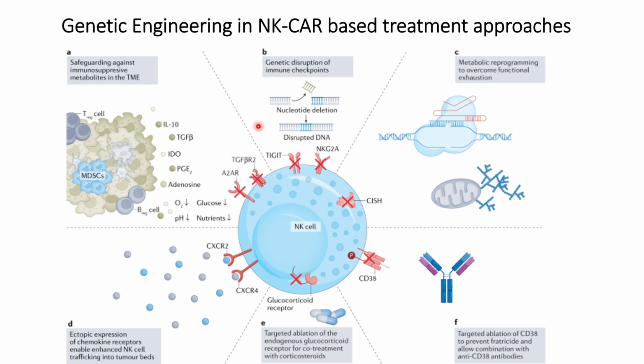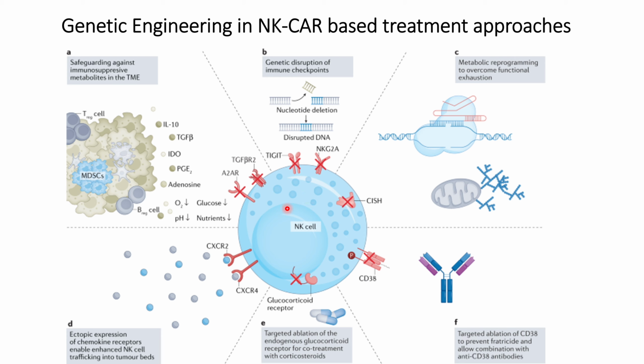The other approach is the genetic disruption of the immune checkpoint. People who are familiar with this channel understand that there are checkpoints available in the immune cells, so that once those checkpoint receptors interact with the tumor cells, they will deactivate or suppress the immune response.